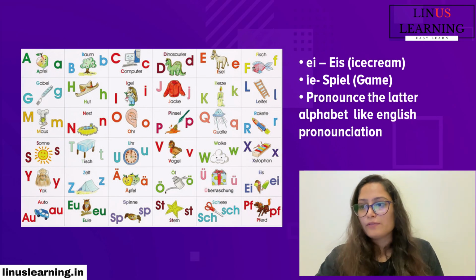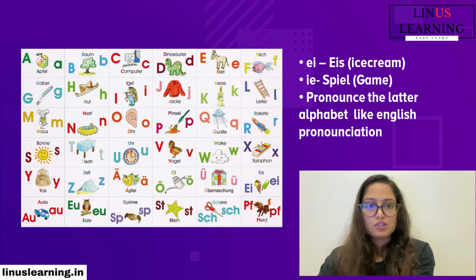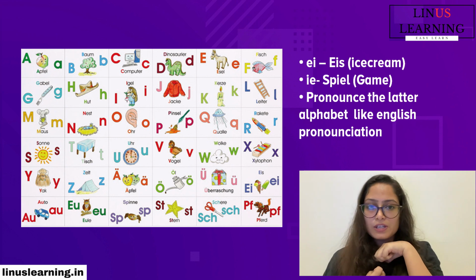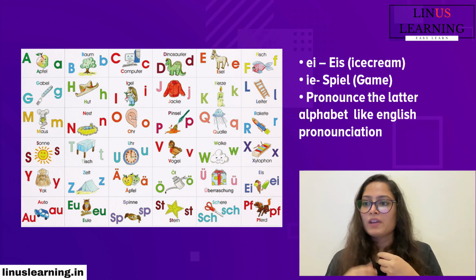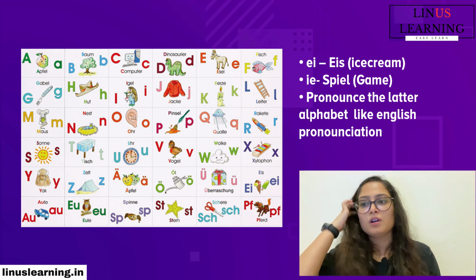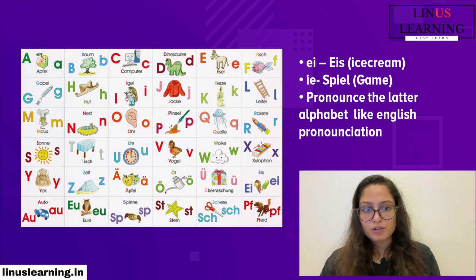I'll say them quickly once so that you know the pronunciation of these words also. How do we pronounce these words? So A wie Apfel, okay. B wie Baum, Baum is a tree. C wie Computer, okay, same like computer. D wie Dinosaurier, dinosaur, E wie Esel, donkey like I said, F wie Fisch, fish.